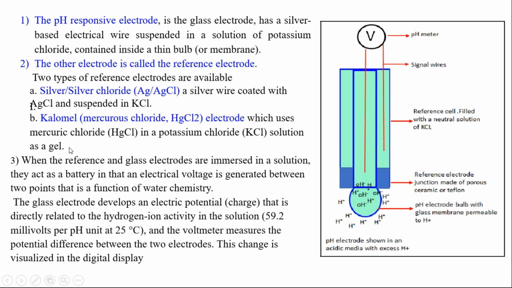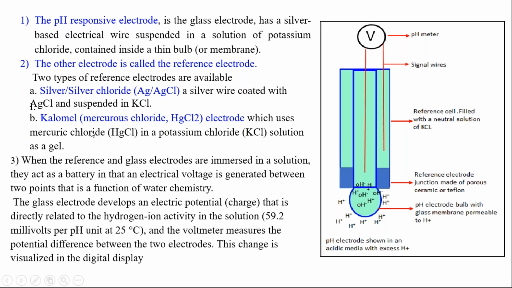Whereas the calomel electrode, if you have heard of it, is made up of mercurous chloride, and it uses mercurous chloride in potassium chloride solution as a gel form or as a solid form. So two types of electrodes.